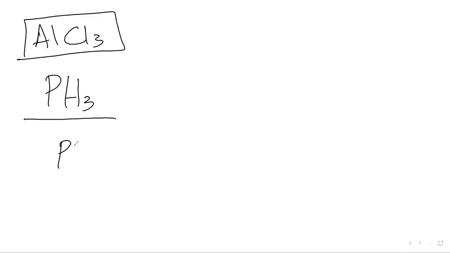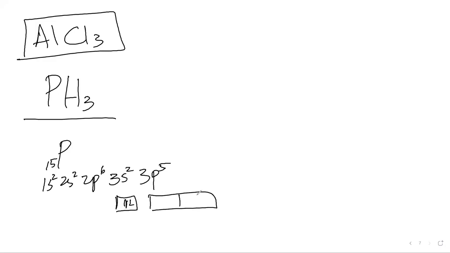Phosphorus is 15 and electronic configuration 1s2, 2s2, 2p6, 3s2, 3p5. And in s, 2 electrons, and in p, 1, 2. Am I writing the correct one or the wrong one? It's 16.